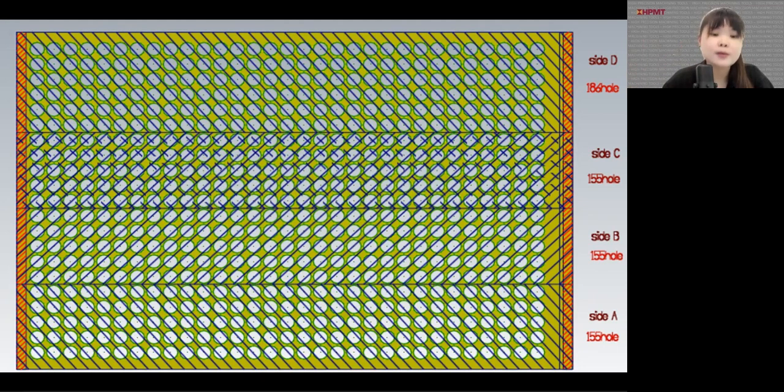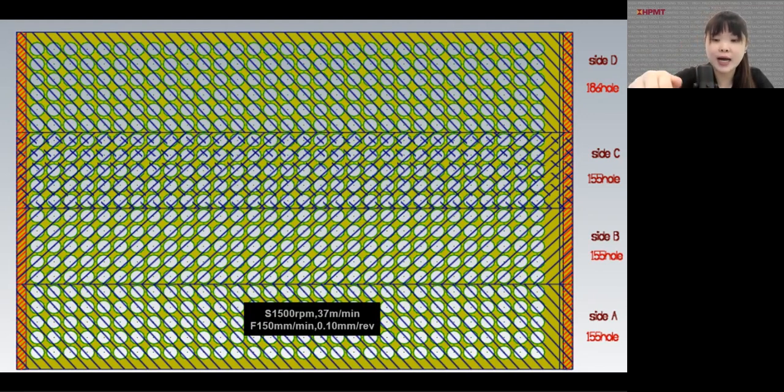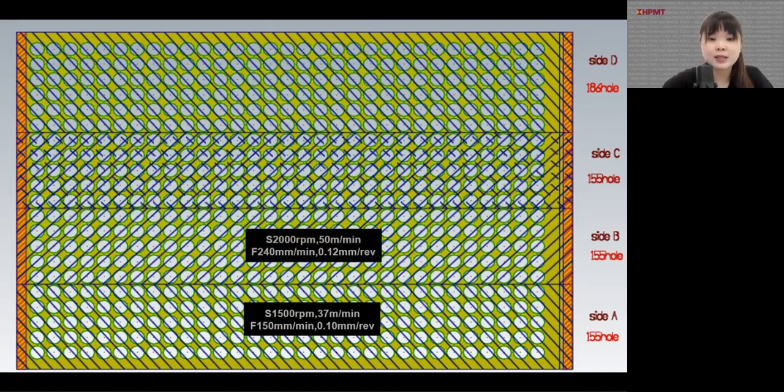For side A, we put our first set of cutting parameters and drill 155 holes. When it is finished, we stop, check the tool condition, then continue to the second set, which has a higher cutting speed.